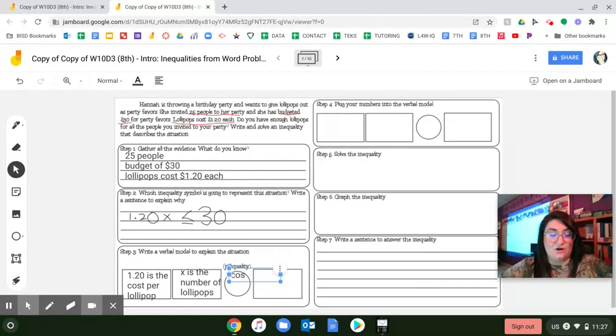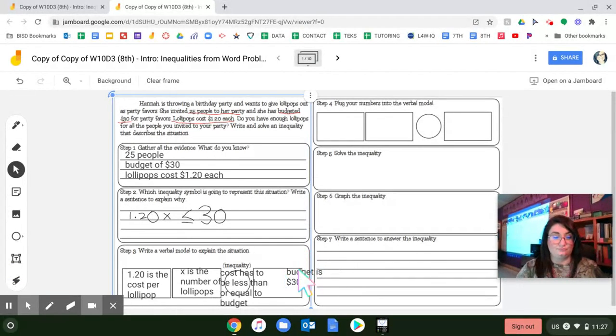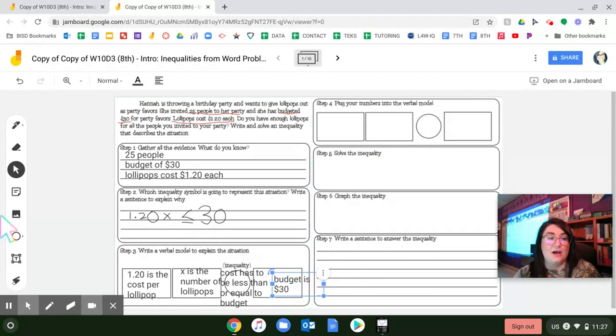All of that, the cost, has to be less than or equal to the budget, and our budget is $30. Let's cross out step 4. It's basically the same thing that we just talked about.